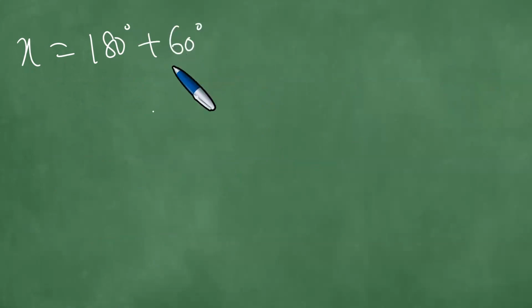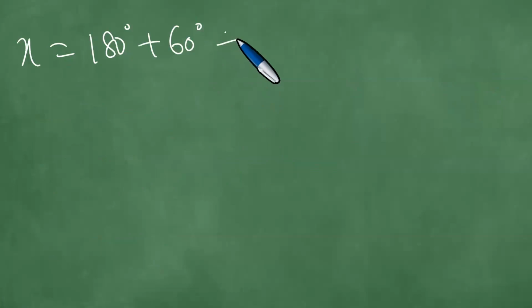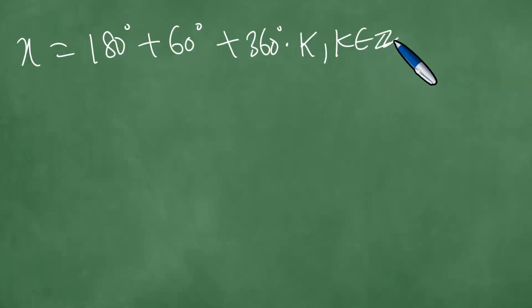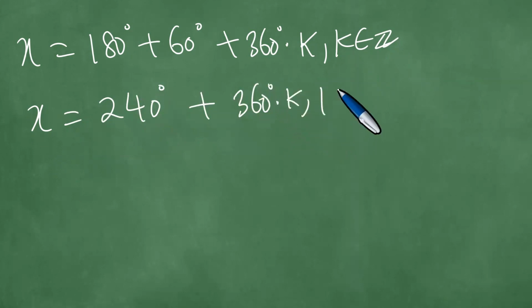So we're going to have x equals 180 degrees plus 60 degrees plus 360 degrees times k, where k is in Z, which is 240 degrees plus 360 degrees times k, where k is in Z.